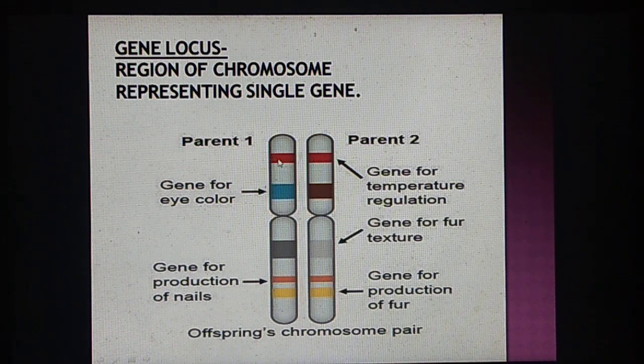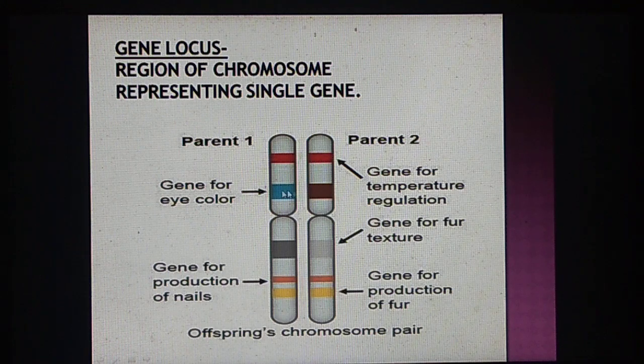For example, this red color shown here at a particular point is meant for only one particular characteristic, and that is the gene for temperature regulation. If you see here, both the locations or both the genes are marked red, indicating that they are similar factors seen on the homologous chromosomes.